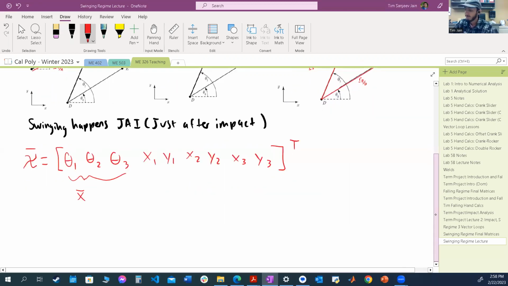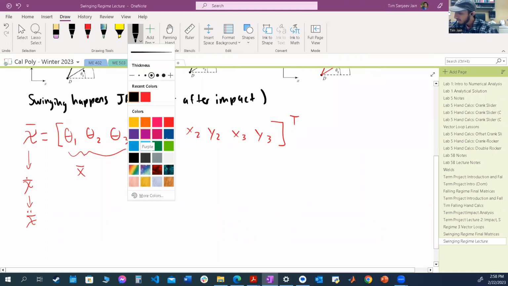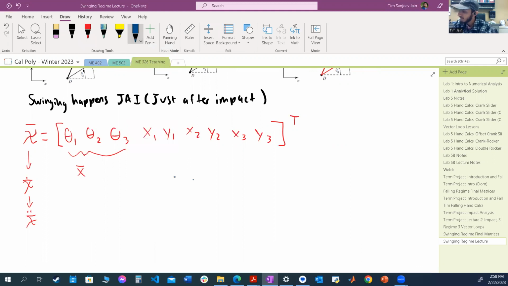Recall with chi, we can take the derivative to get chi dot, and take the derivative again to get chi double dot. Last week we had an equation for the kinematics that was chi double dot is equal to a x double dot plus a.